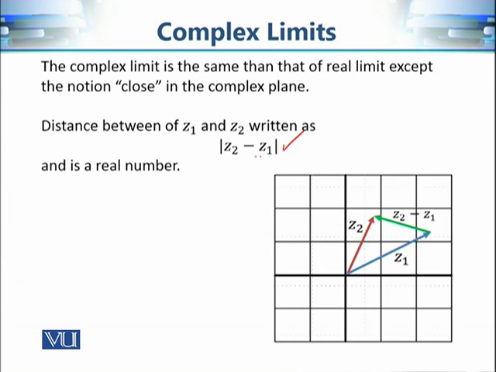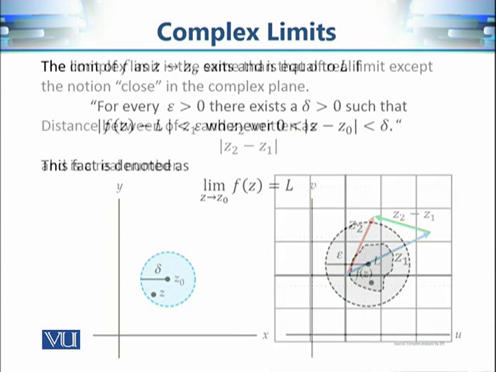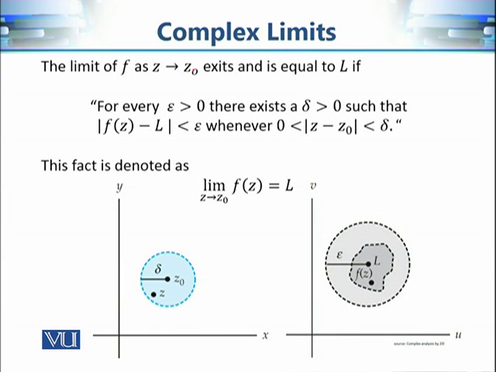Using that notion of distance, we can define the limit for a complex valued function in the following way. For every epsilon greater than 0, there must exist a delta such that the distance between the functional values is less than epsilon whenever the distance between z and z naught is less than delta.